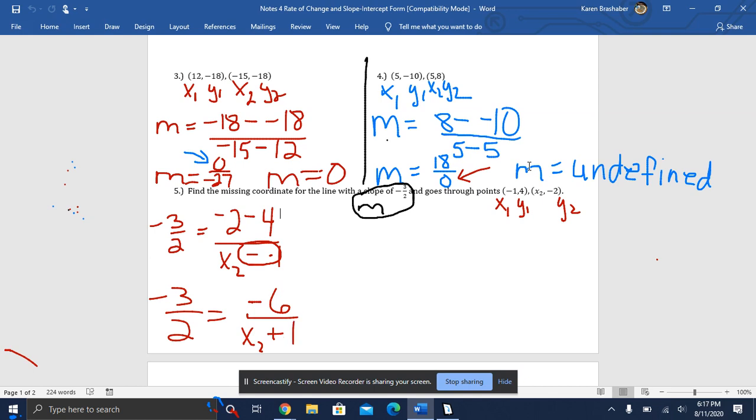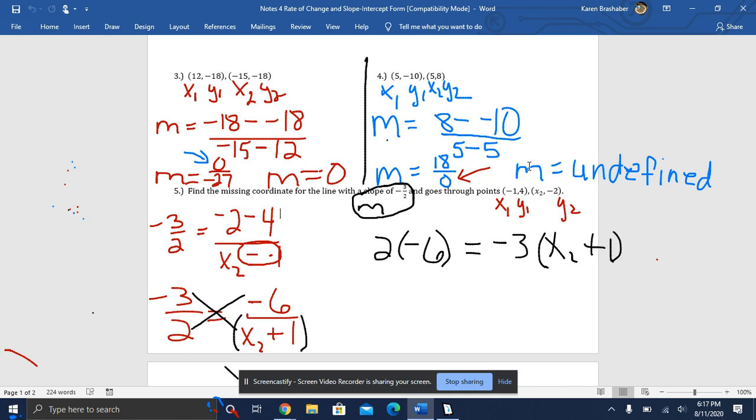So x2 plus 1. All right, when you have a fraction equals a fraction, you can solve that type of equation by cross multiplying. So we're going to take diagonally 2 times negative 6, going to put an equal sign between them, and then diagonally negative 3 times the parentheses of x2 plus 1.